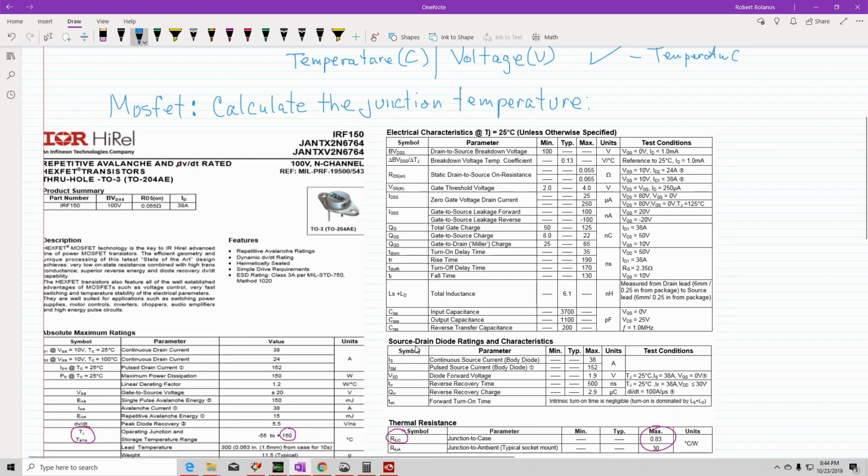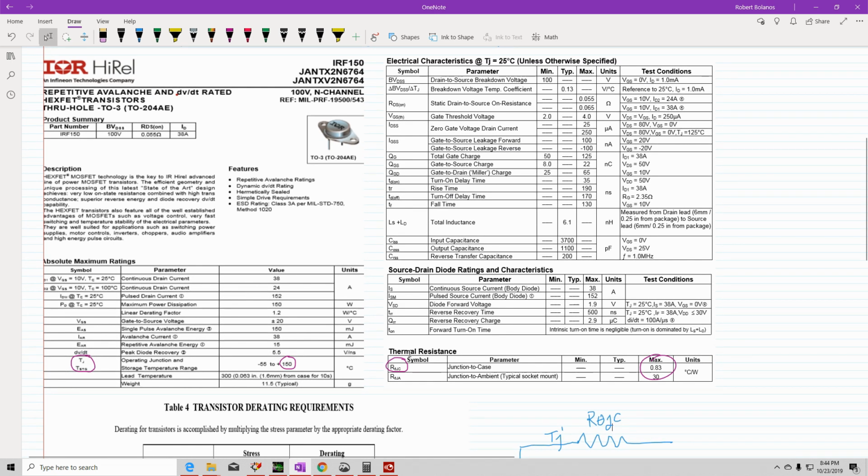Basically, you don't want the junction to go higher than 125 C, or 40 C below the manufacturer max temperature rating. So if this temperature exceeds any of these, you're going to fail. You're not meeting the rating.